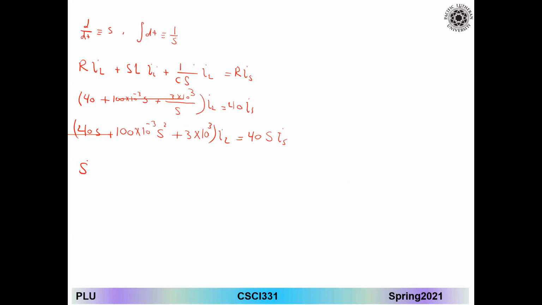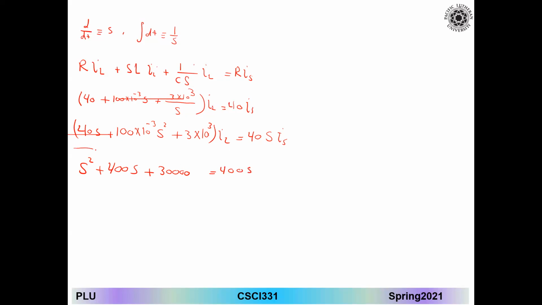I end up with S squared plus 400S plus 3 followed by 4 zeros. Yes, 4 zeros. That's the absolute value. And this one, the entirety, will be 400S.